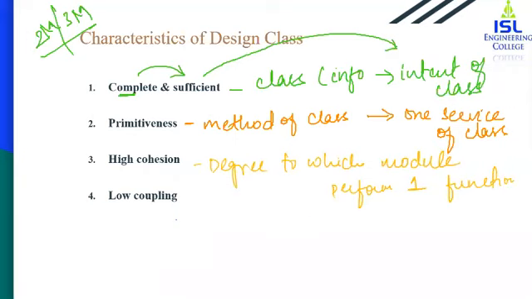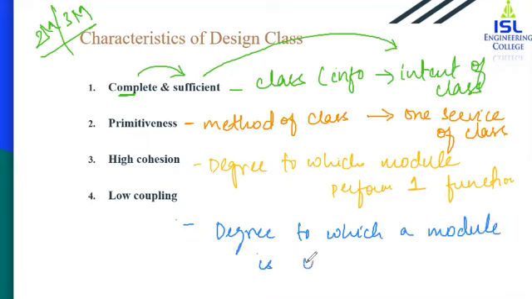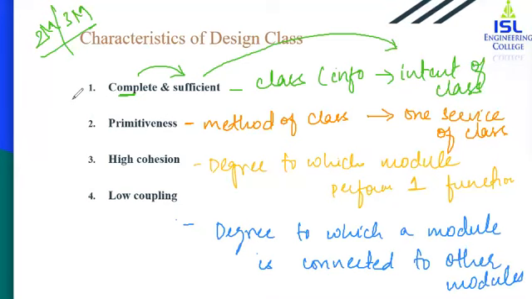Then the next one is low coupling. Now low coupling means, again, the degree to which a module is connected to other modules. So the 4 characteristics of design classes are: it should be complete and sufficient, it should be primitive, it should have high cohesion and low coupling. So these are the characteristics of design classes.